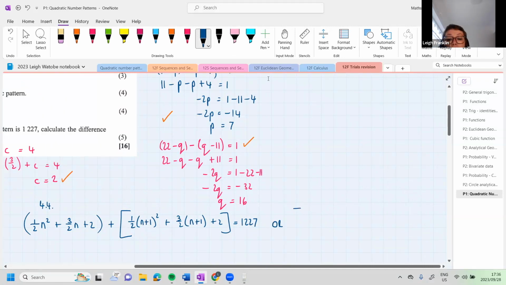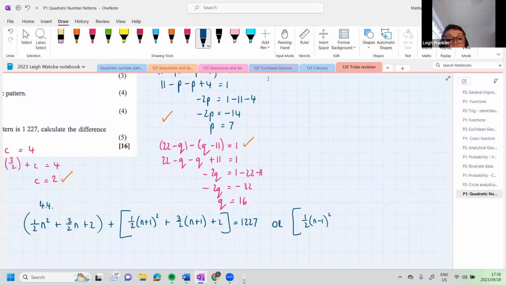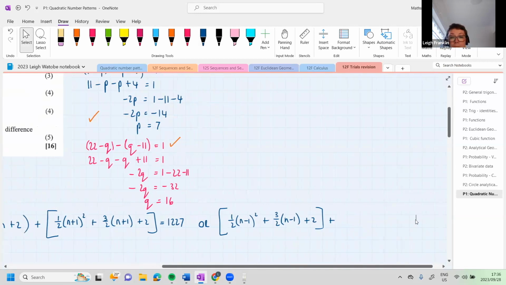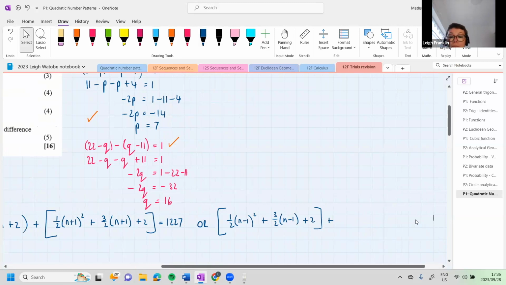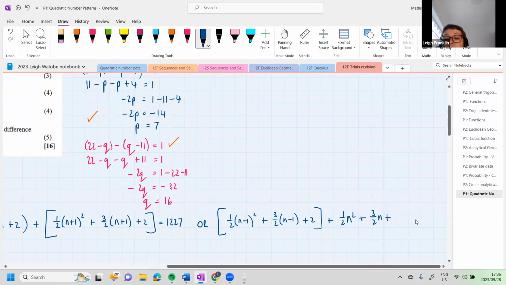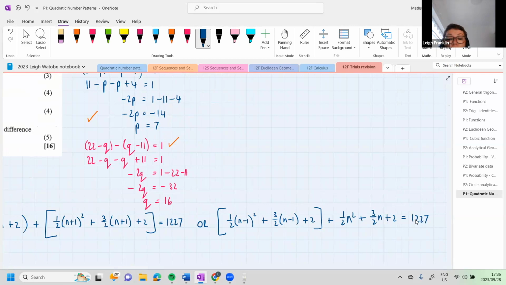So here it would be half n minus 1 squared plus 3 over 2 n minus 1 plus 2, plus half n squared plus 3 over 2n plus 2 equals 1227.